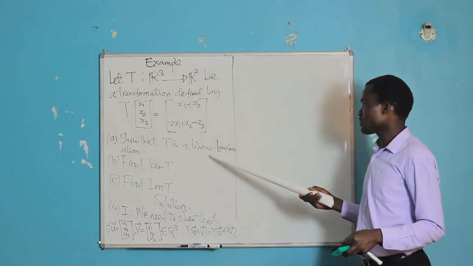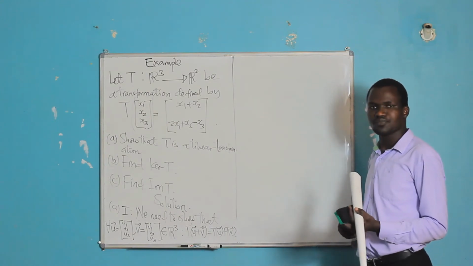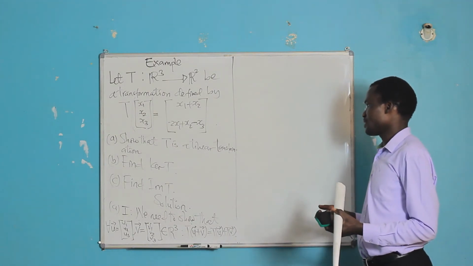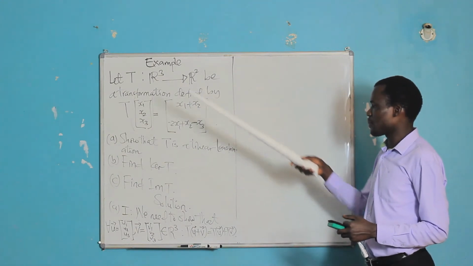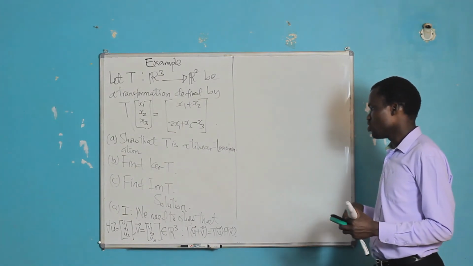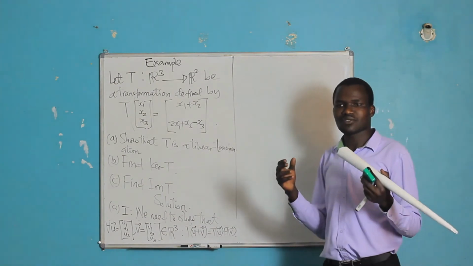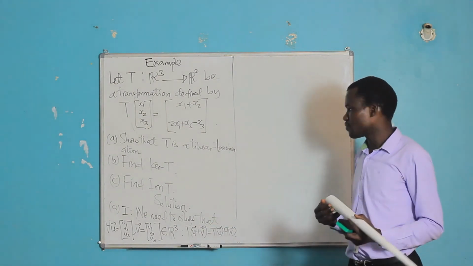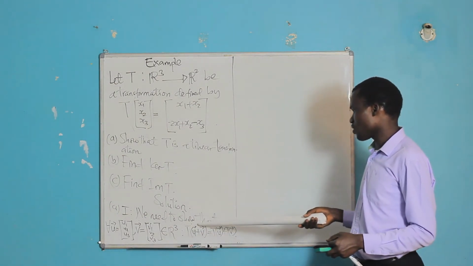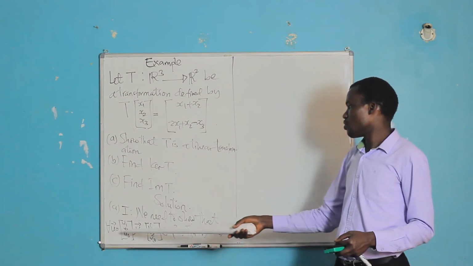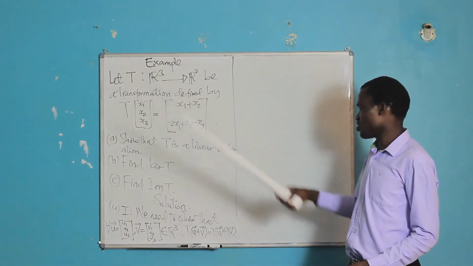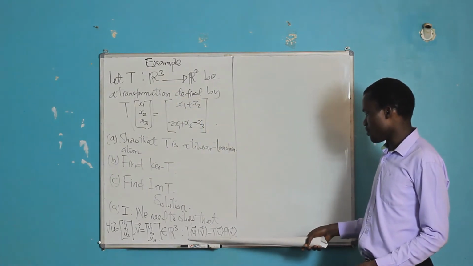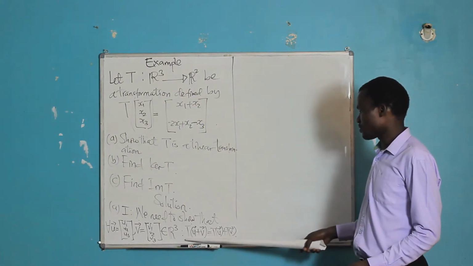Okay, let's start with A. To show that T is a linear transformation, this mapping, we need to show that it satisfies the two axioms. The first axiom, we need to show that for all vectors u and v in R3 space, this property is satisfied.